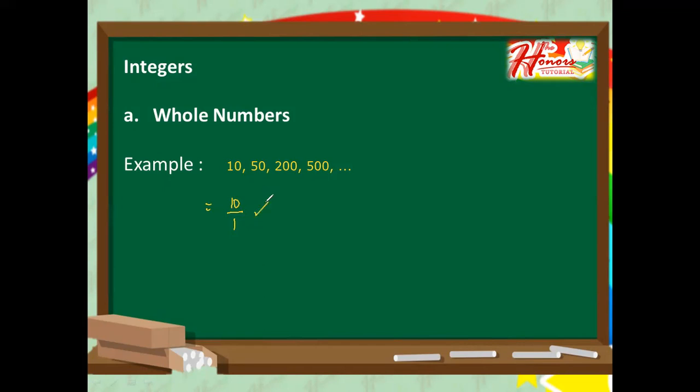Let's have 50. 50 over 1 and 200 over 1 and 500 over 1. Now it is in the form of a over b. And that's it for the whole numbers.